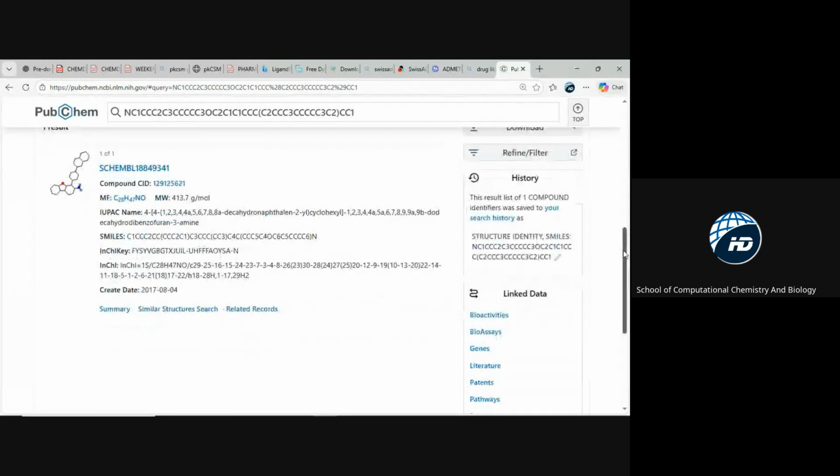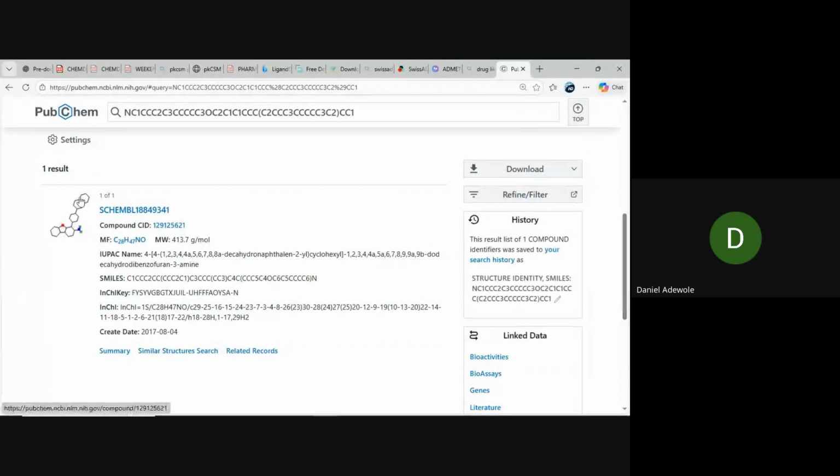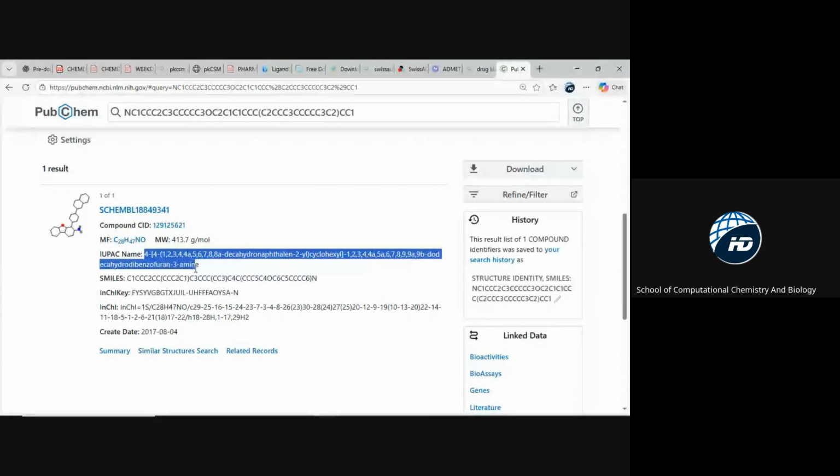Because it has just a string of numbers like 1, 2, 3, it means that maybe for now there is no common name for it. Look at the date it was published, 2017. It's still novel, and I don't think much work has been done on this compound.